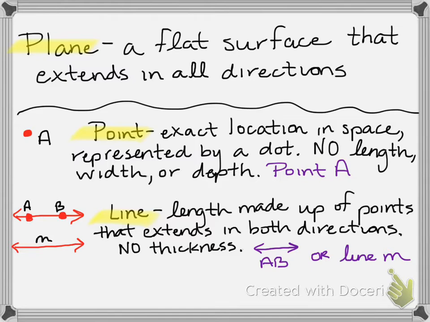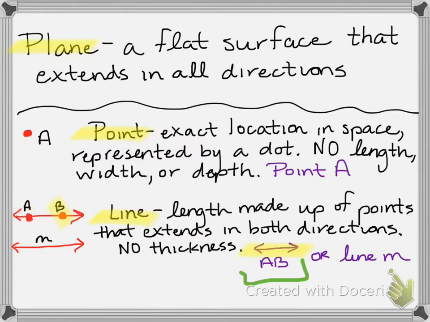The two examples that I have at the left, let's talk about how to label those. The top one is called line AB. Please notice that on top of the letters A and B, we drew a line. That's how you know that we're talking about line AB. It's the letters AB, which are the points on our line, and then you put a line above it.